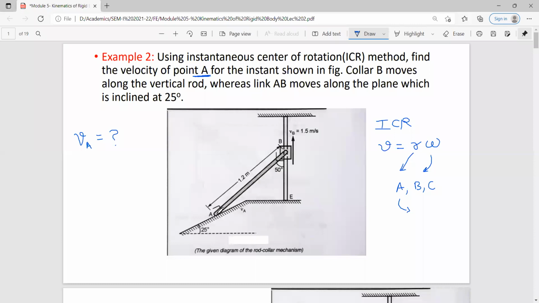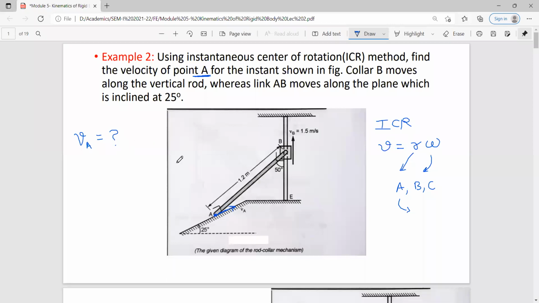As point A, which is here, is sliding over the inclined plane, the direction of its velocity can be said to be along this inclined plane. So this much information is given to us, and we have been asked the velocity of point A here.